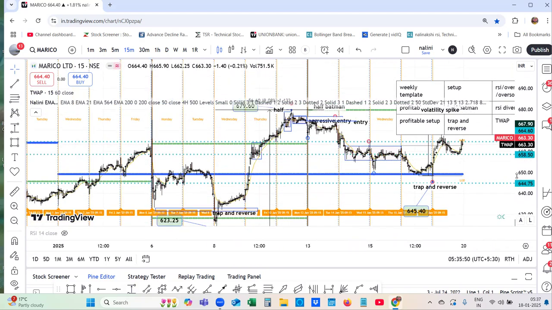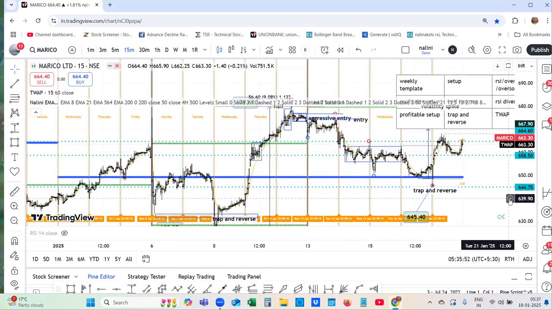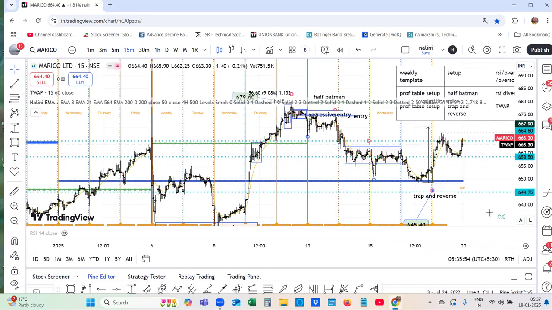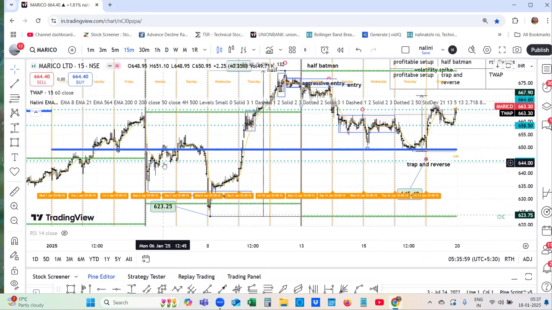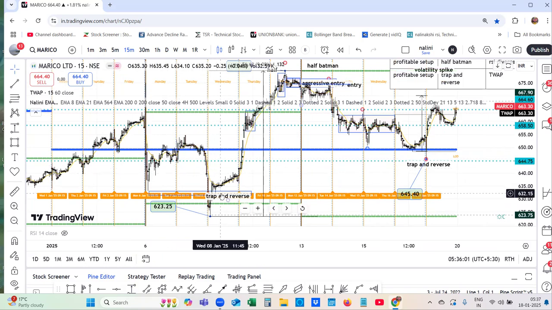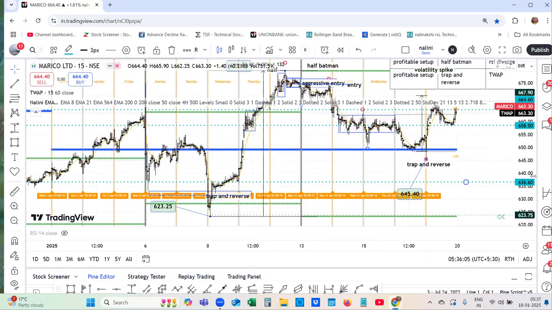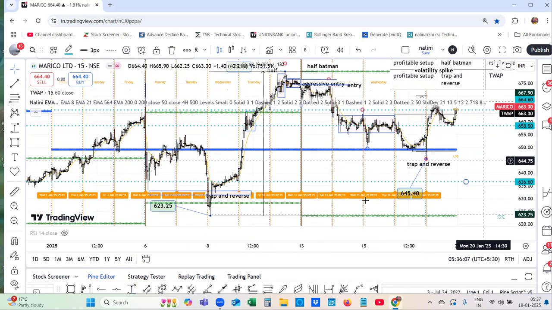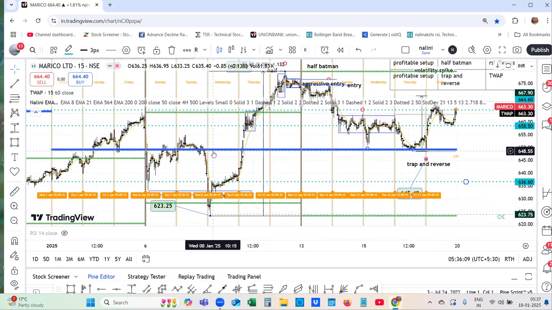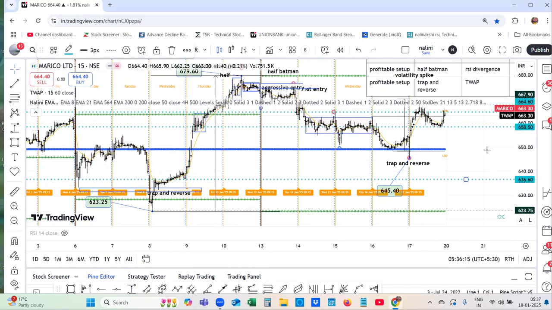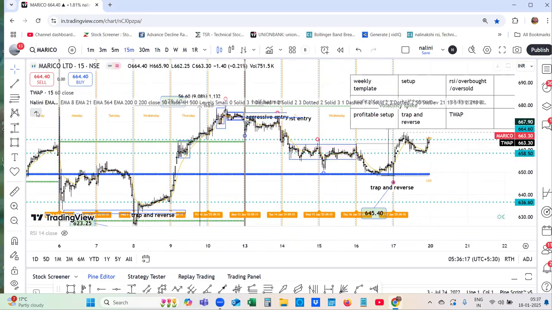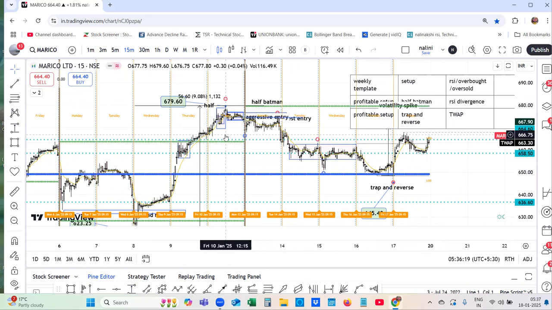So if I do this, you can see this has happened in the weekly template. Monday, Tuesday, on Wednesday there was a trap and reverse. And after the Wednesday, Thursday was a parabolic up move and continued on the Friday.